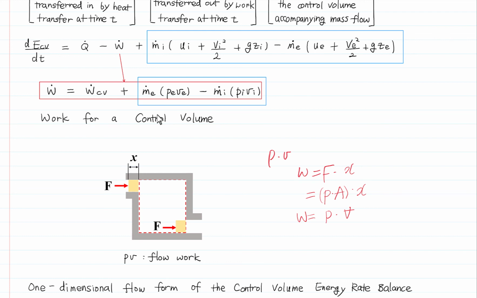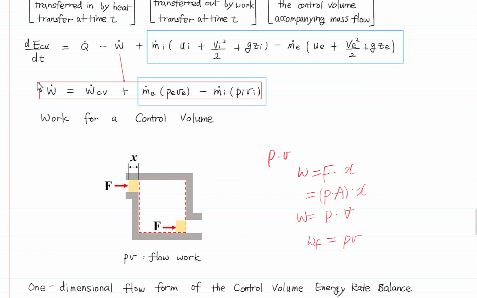So work is pressure times volume. Therefore, flow work can be expressed as pressure times specific volume of the fluid. These terms in blue boxes are the energy carried by mass.